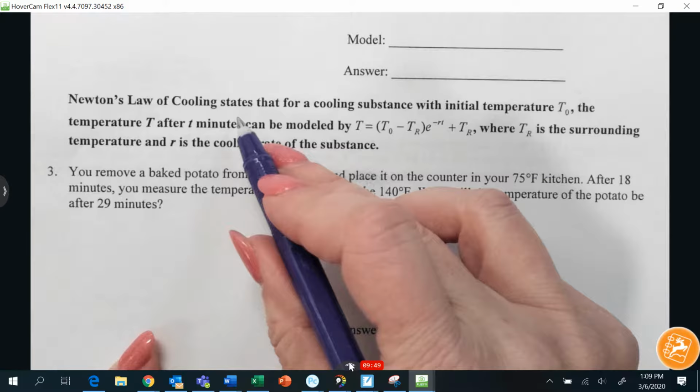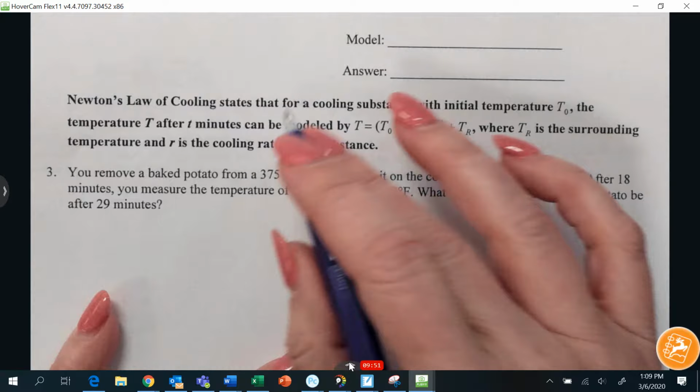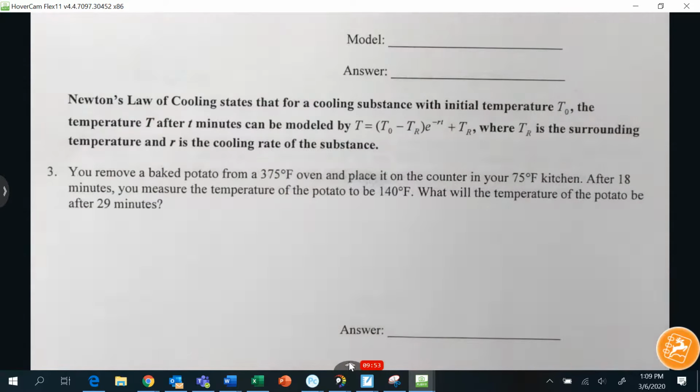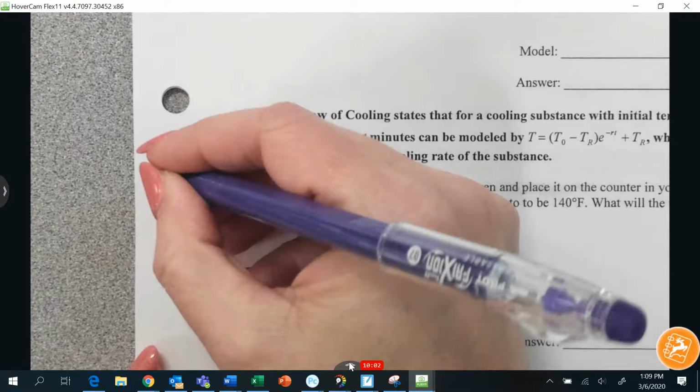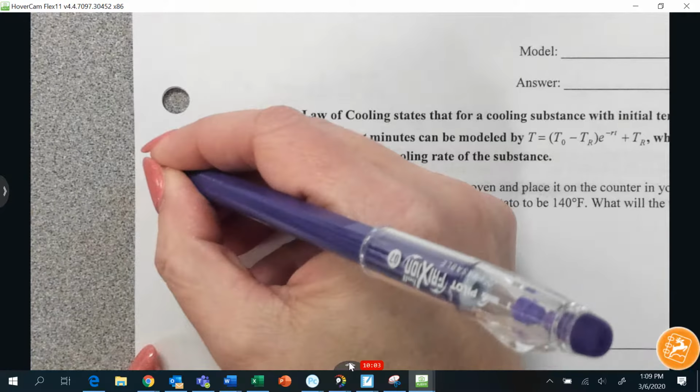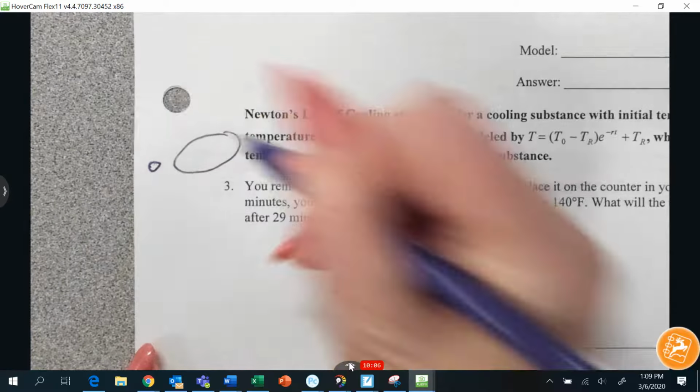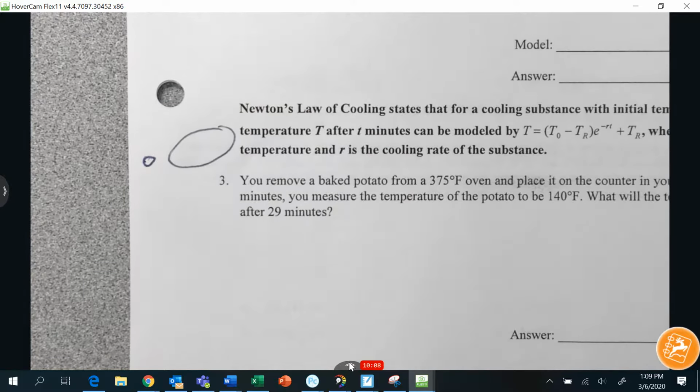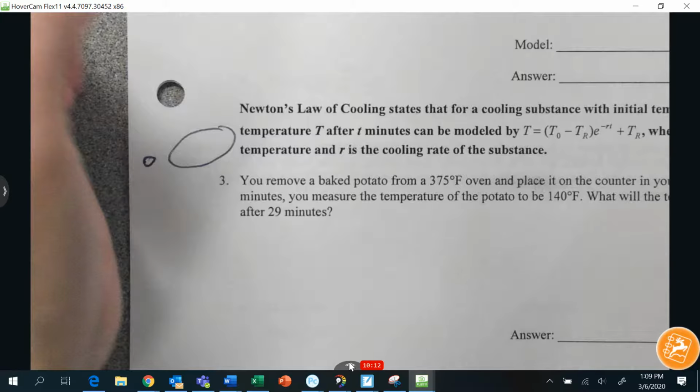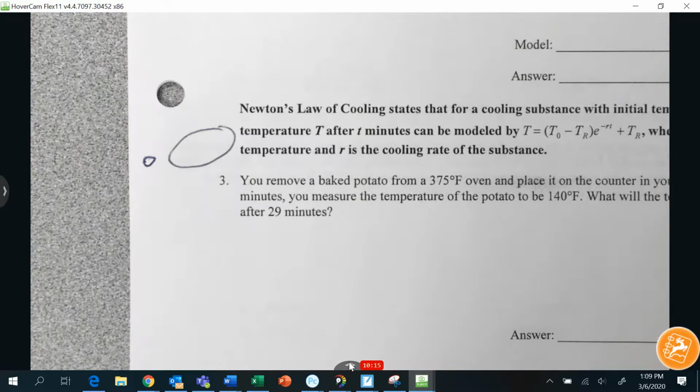We can read. So this is an actual cooling formula, and we'll use some common sense for a second. If I took a hot potato out of the oven, and there's another hot potato, okay? Take these hot potatoes out of the oven at the exact same time, and I sit them down, and then I go do something and I get distracted and I forget about them.